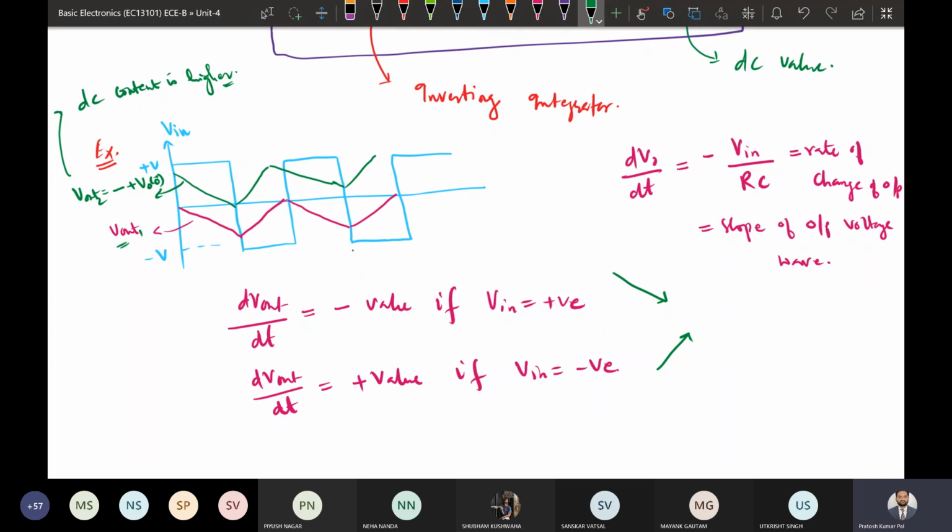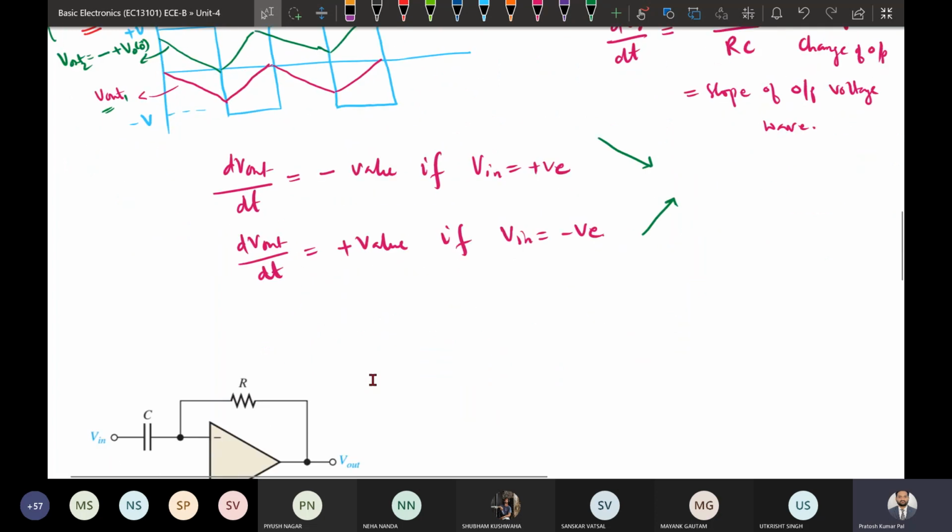What is the initial value associated with the capacitor? Because once we use the capacitor, initially there may be some charge stored on the capacitor before the operation starts, and that results in the initial value, that is V output at 0 plus. So this is your integrator circuit.